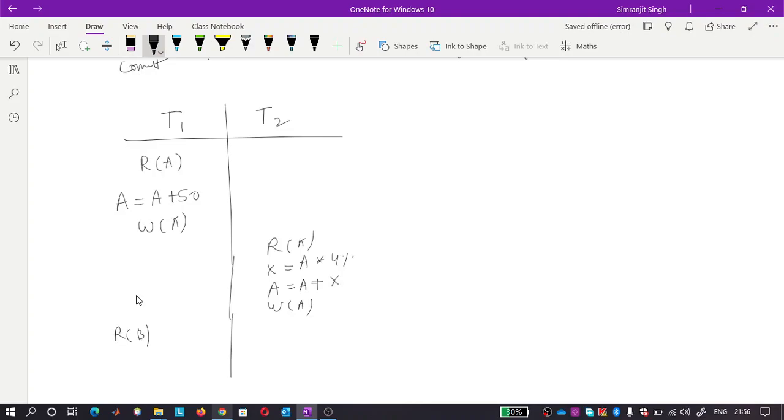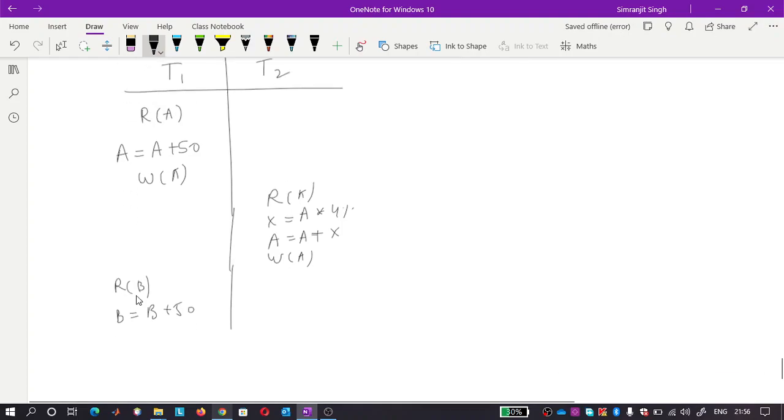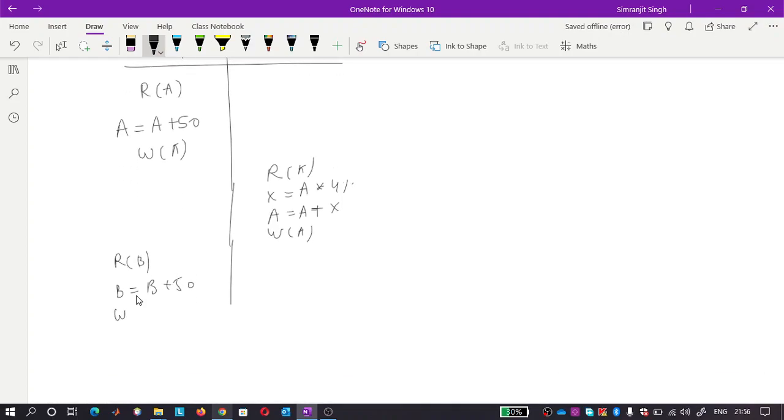So we are here just delaying the commit part. Here the commit operation lies, and now I'm writing the commit of this after this. It means that I'm waiting for T1 to submit its sheet, only then I will submit my sheet to the invigilator.